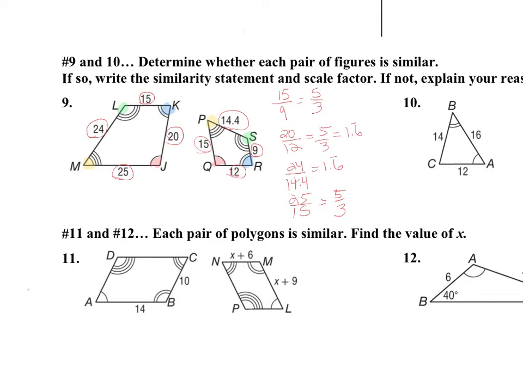So I'm going to say that when I'm looking at this, J, K, L, M is similar to Q, R, S, P. And our reasoning behind that is that we have the angles that are congruent and that we have the sides that are proportional.